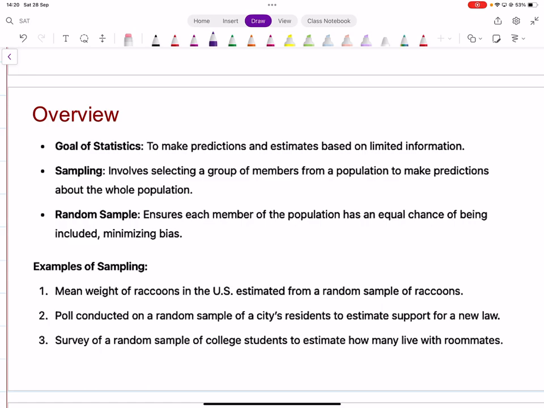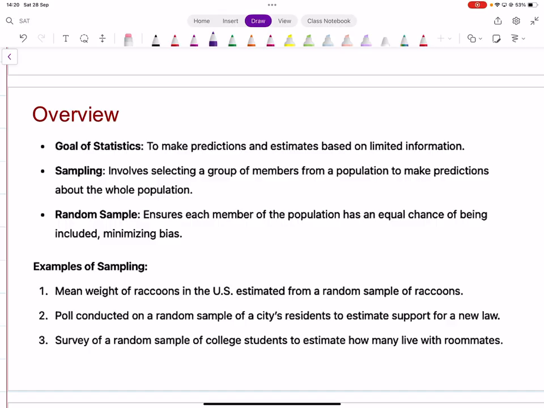Now, when can we make such inferences? When the sample that we collect is random. So, for example, if you want to make some prediction about election results in Pakistan, you can't just take a sample from people from only Lahore or only Karachi or just one city or one area.